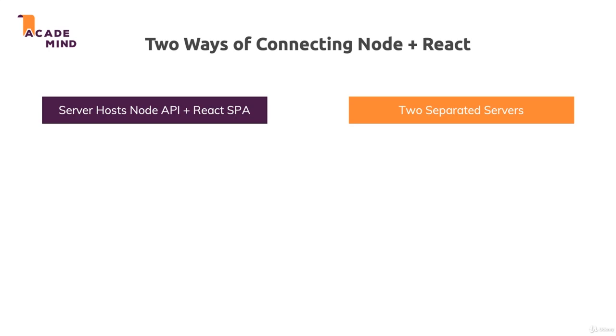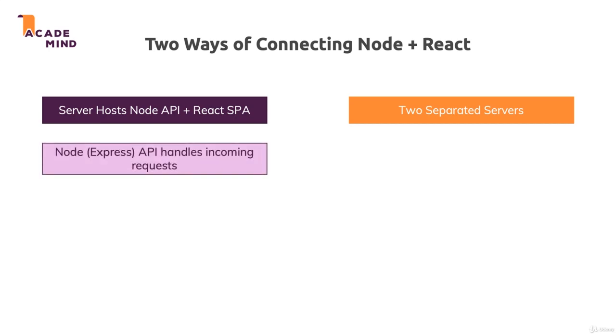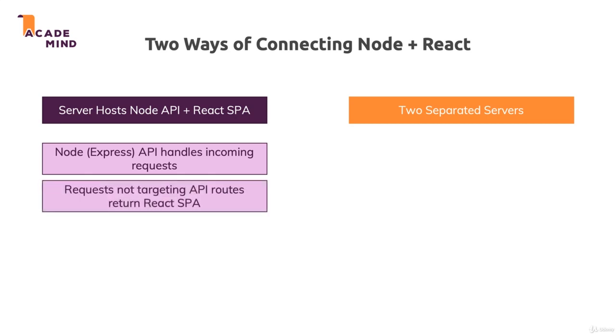So if we take a closer look, for the left case that we have one single server, we have a Node Express API which handles incoming requests on that server. For example, under /API, any requests targeting these paths might reach our API. And requests which are not targeting our API routes would return the React single page application in the end.